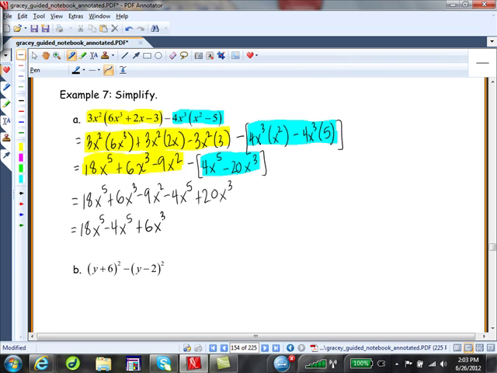I have a 6x cubed plus a 20x cubed. And then I have a minus 9x squared. So my end result will be 14x to the 5th plus 26x cubed minus 9x squared.